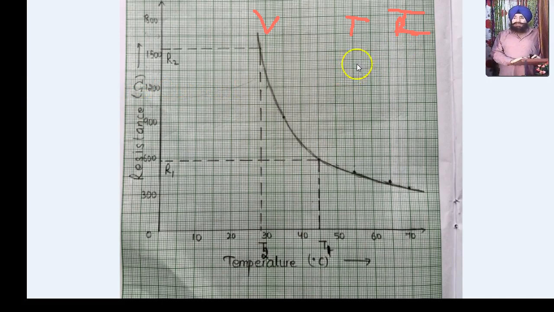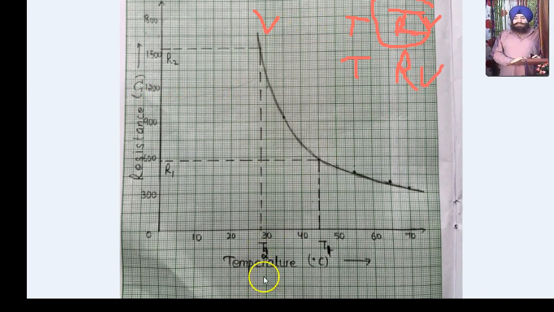We need the data between temperature and resistance, so you find resistance by dividing the voltage by current each time. But you take the current in ampere, not in milliampere. 1 milliampere is 10 raised to power minus 3 ampere. So you divide V by I, then you will get R.